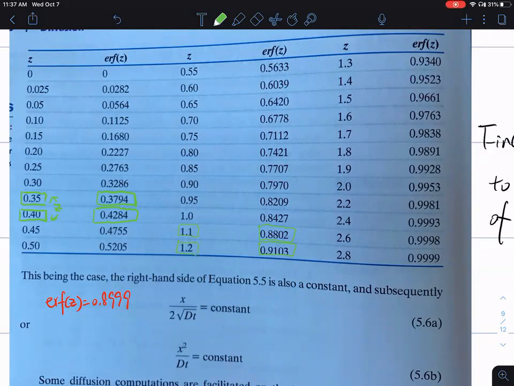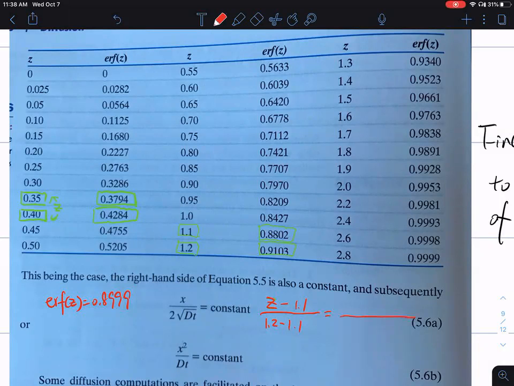So we know our Z is in between 1.1 and 1.2. Now we can do an interpolation. Z minus the lower bound value of Z, which is 1.1, divided by the difference of the upper bound and lower bound, which is 1.2 minus 1.1.